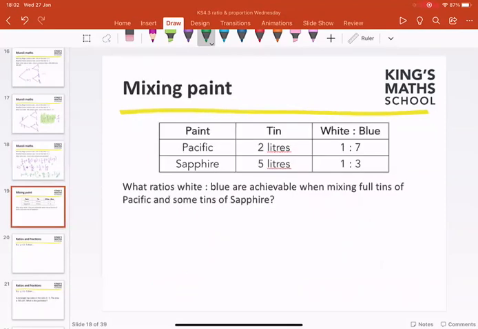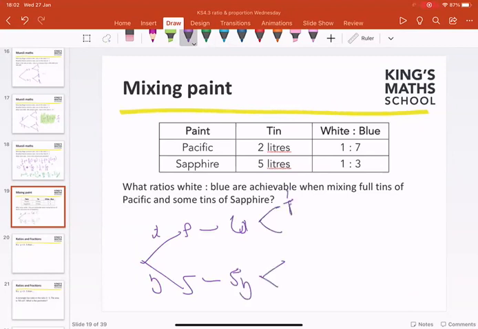And then a nice little sophistication on this is to move to not equal quantities. So with tins of paint, where the tins come in different sizes, so if they have X tins of Pacific and Y tins of Sapphire, then really what they've got is 2X litres and 5Y litres, and then that's what's being split in the ratio of 1 to 7.